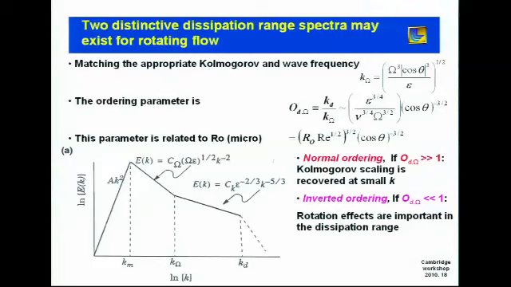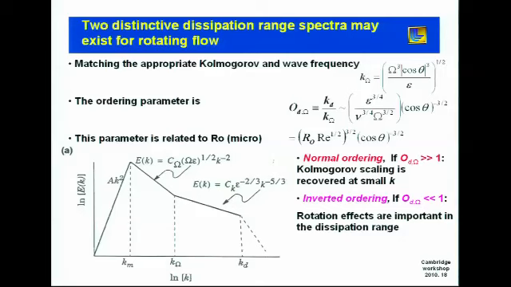So again, with this energy spectrum we talked about, when you have the rotation, then you have the -2, and then it's possible you can have the recovery of the classic Kolmogorov spectrum. But obviously, the breaking point, the matching point of the spectrum in wave number space, depends on how strong the rotation rate is.